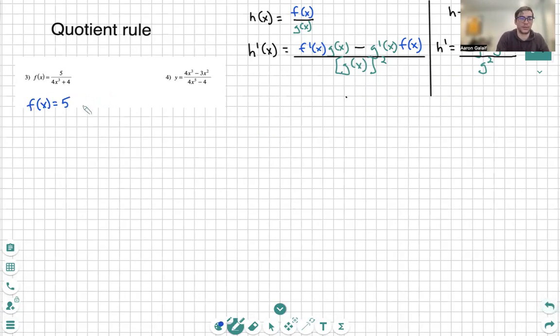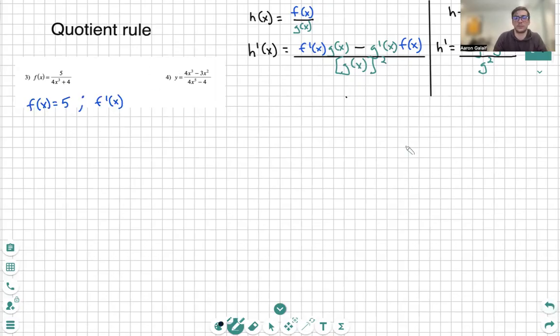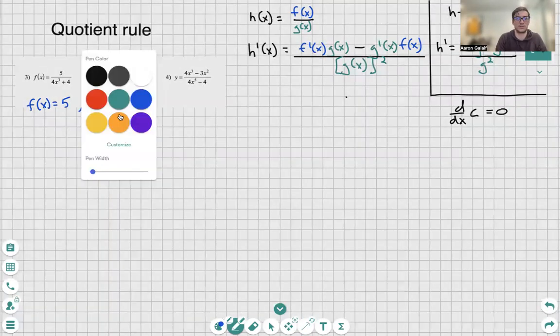Instead of an arrow, we're going to put this. F prime of x, we know the derivative of 5, just a constant, is equal to 0. So we know that f prime of x is equal to 0.